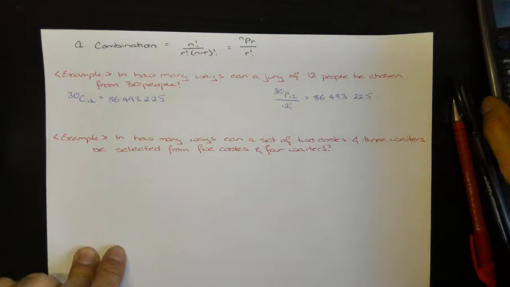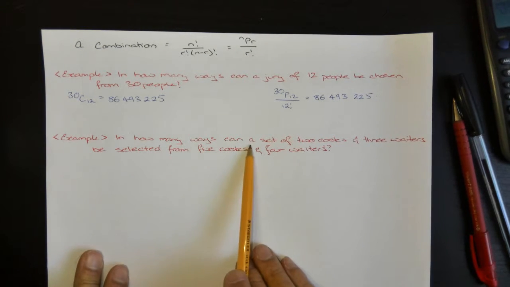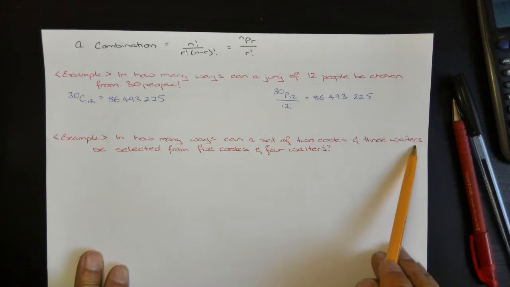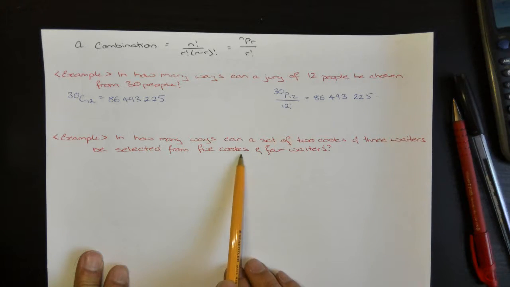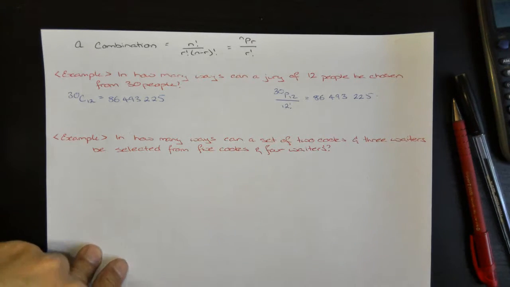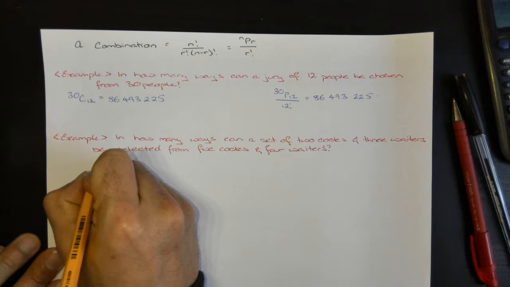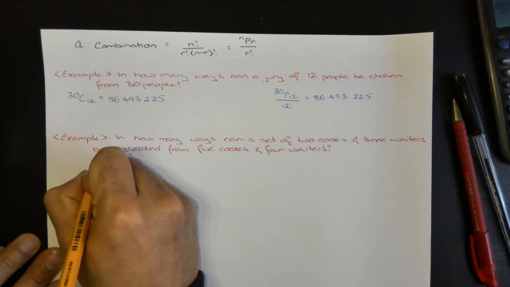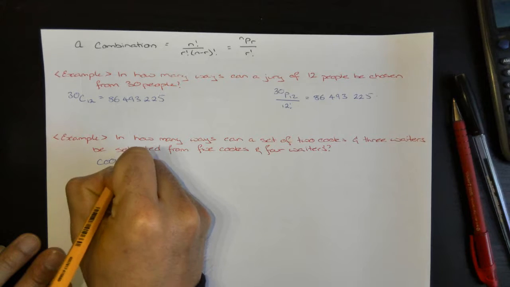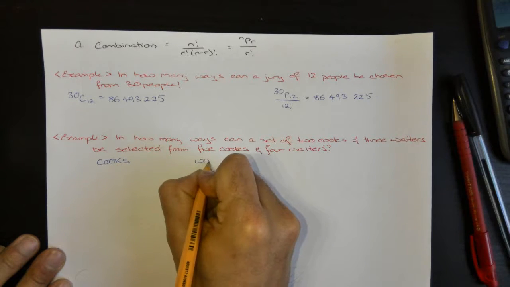Okay, so in how many ways can a set of 2 cooks and 3 waiters be selected from 5 cooks and 4 waiters? So if we think of it, we've got cooks and we've got waiters.